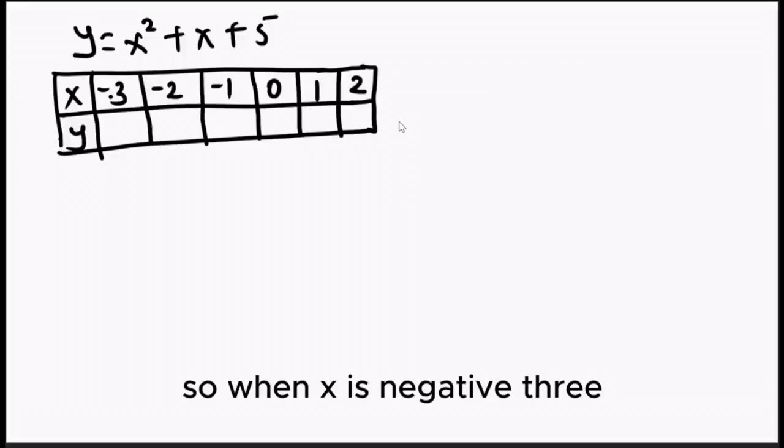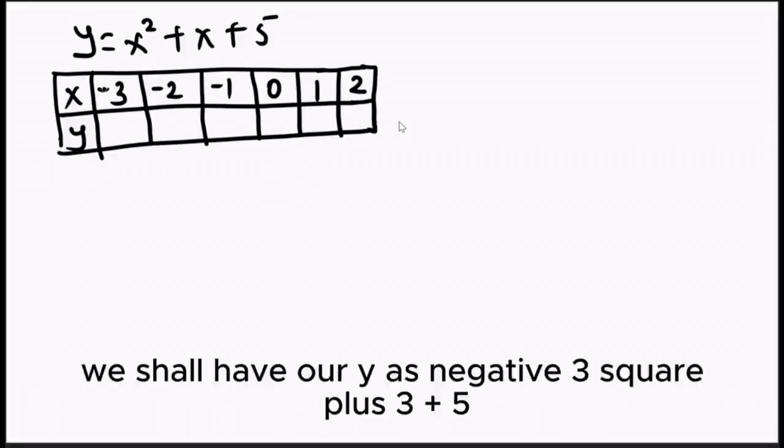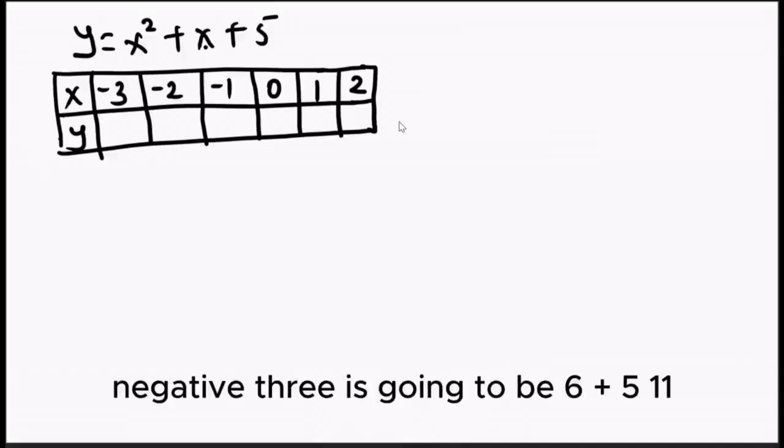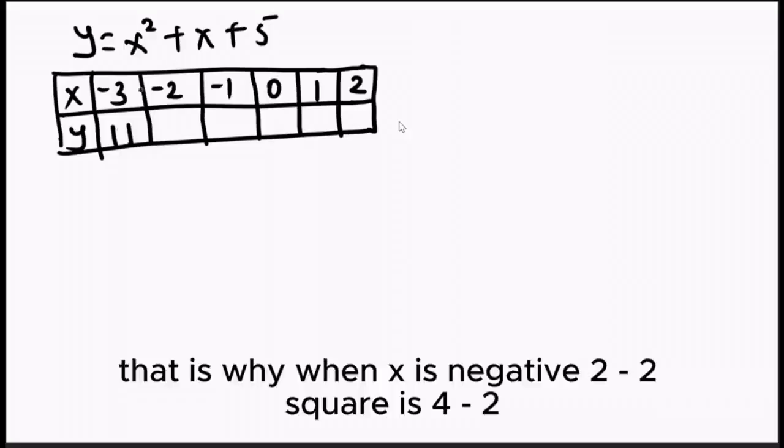When x is -3, we shall have y as -3 squared plus -3 plus 5. -3 squared is 9 plus -3 is 6, plus 5 is 11. That is y.